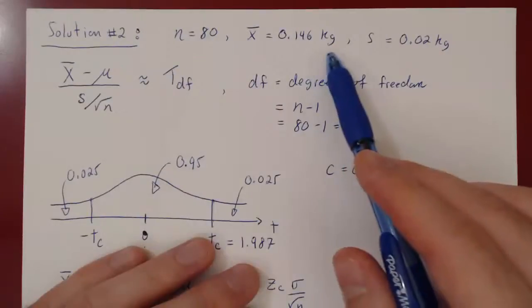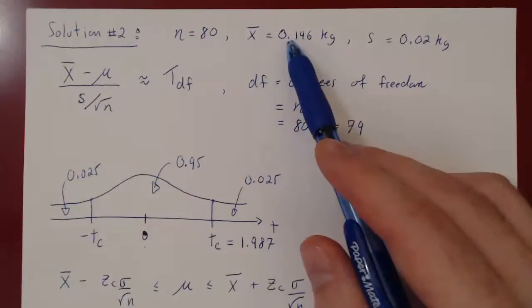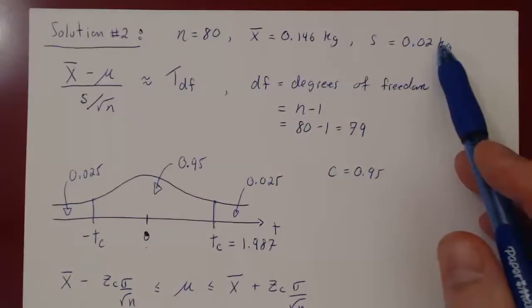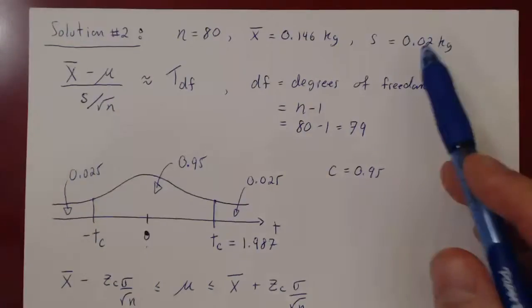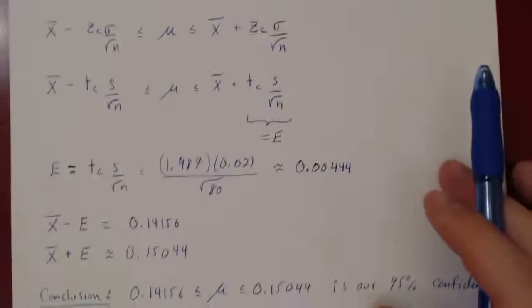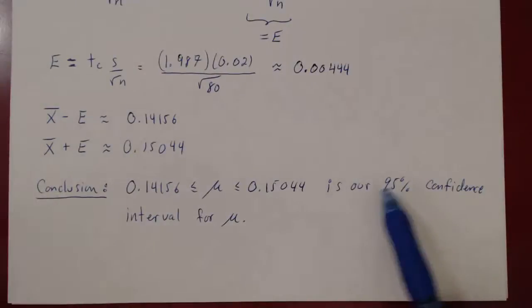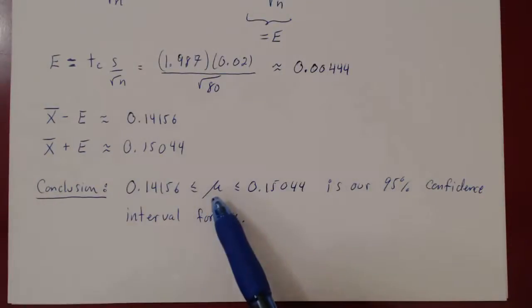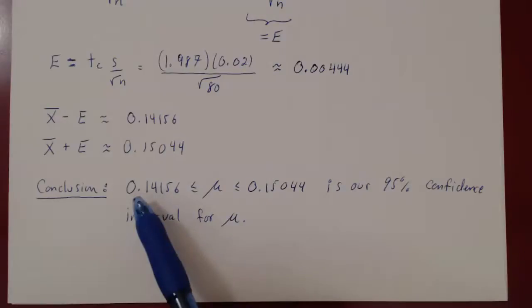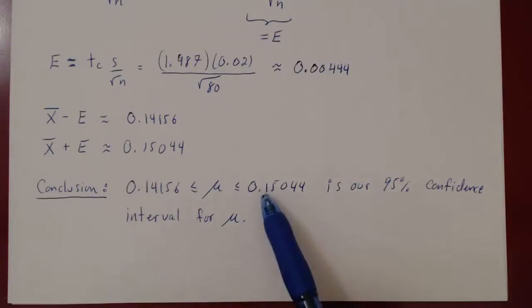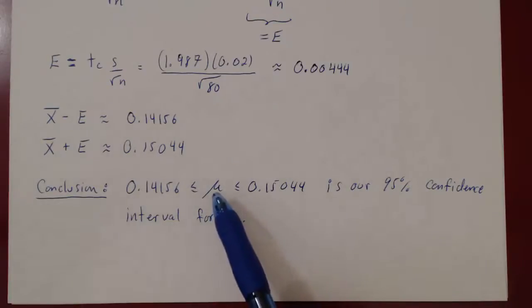We found an average weight of 0.146 kilograms, a deviation of 0.02 kilograms, and from only sampling 80 apples, we are able to say that we are 95% confident that the true average weight of all apples will lie between roughly 0.14156 kilograms and 0.15044 kilograms. And that is a statement again about the entire average of all apples.